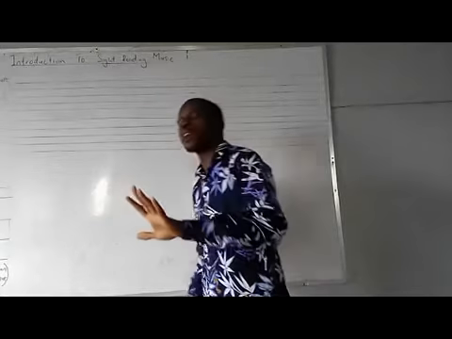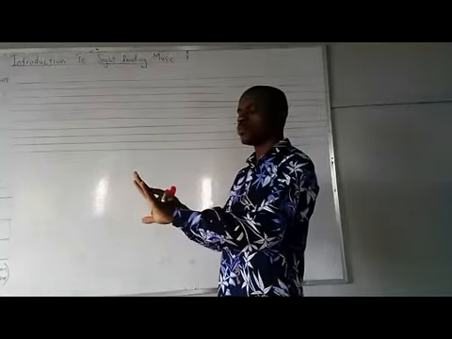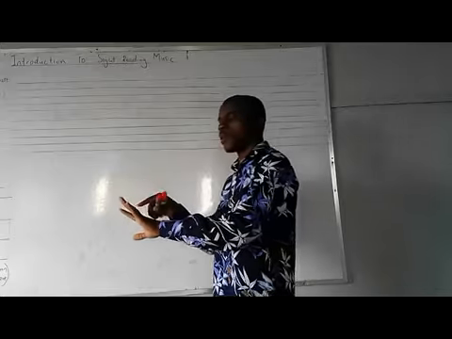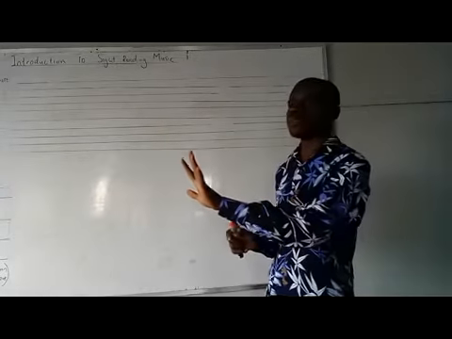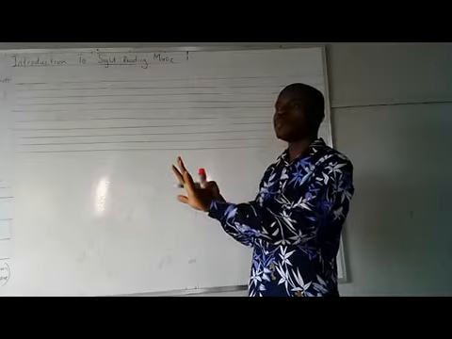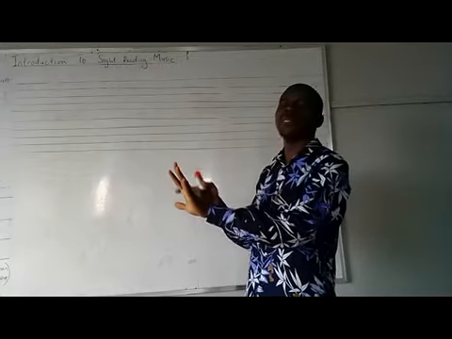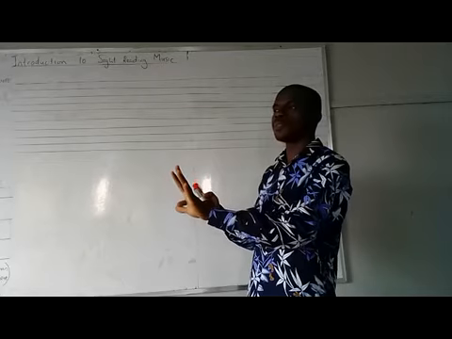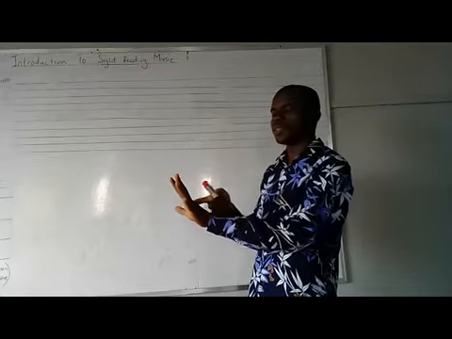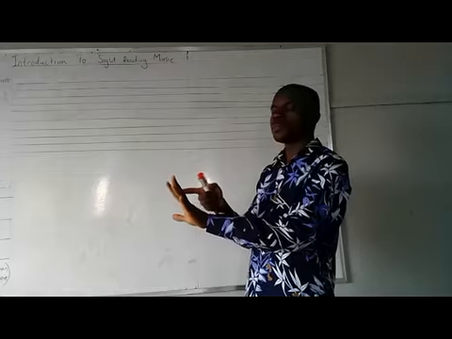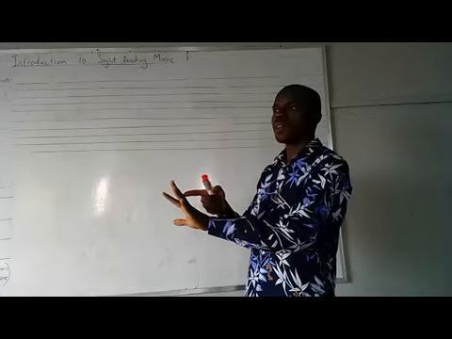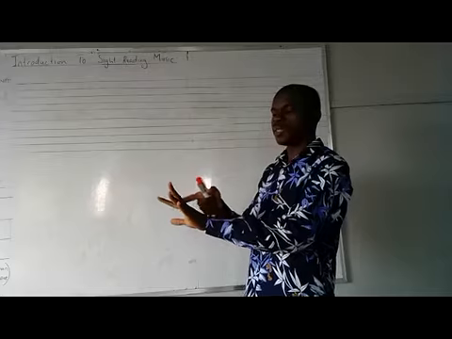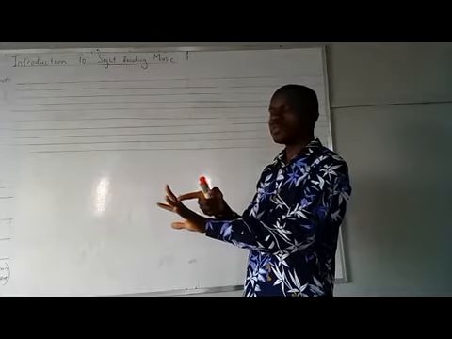So I'm going to use our fingers as an illustration. 1, 2, 3, 4, 5. We have 5 fingers. And in between the fingers, we have spaces. Between the thumb and the index finger, there is a space. Between the index finger and the middle finger, there is a space.